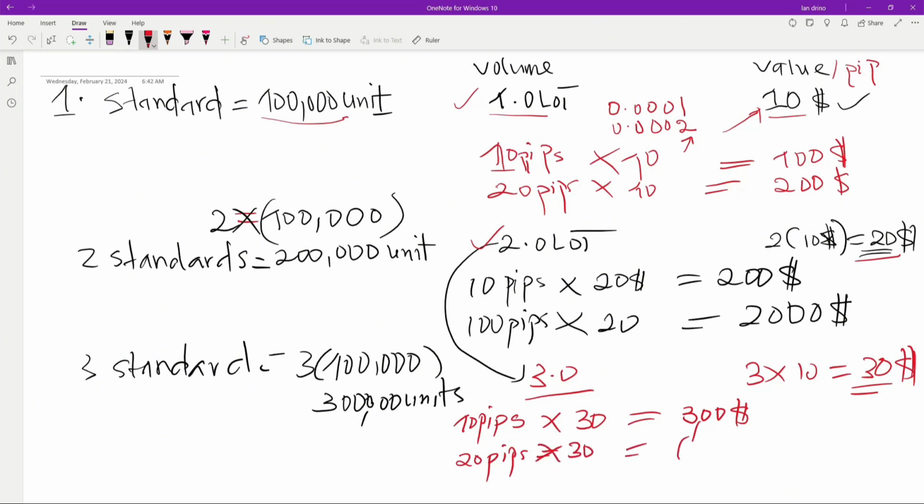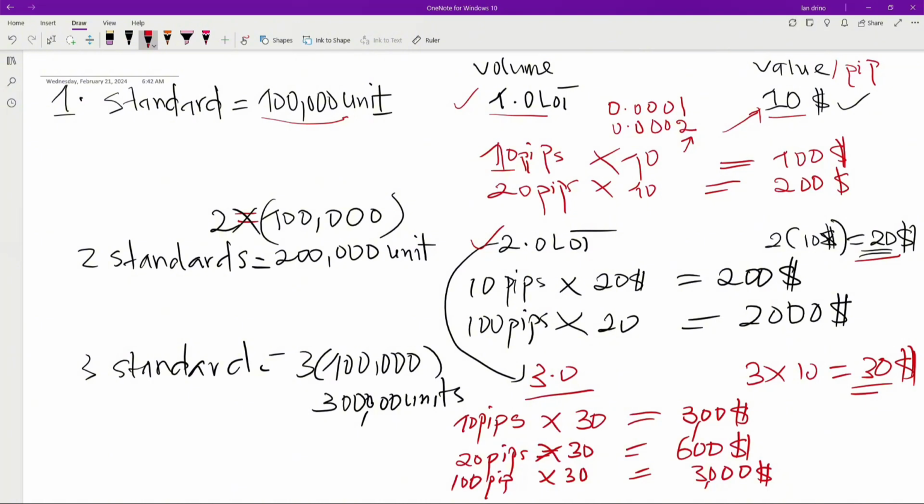This is $600, just like that. What if you make 100 pips with 3 standard lots? 100 times 30. So you'll be making $3,000, just like that. So standard lots are so powerful. You can go ahead and practice with 4 standards, 5 standards, and the rest, so that you can become used to this.